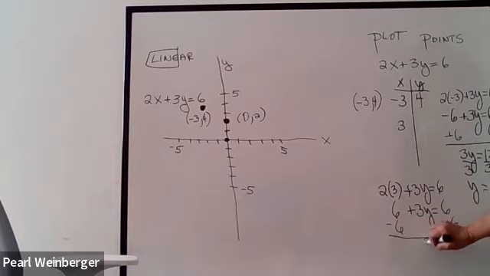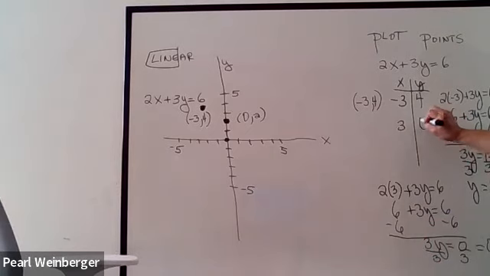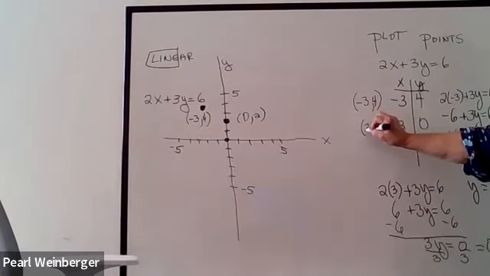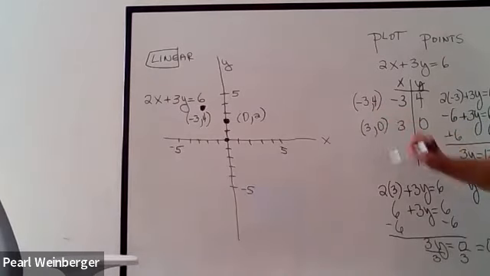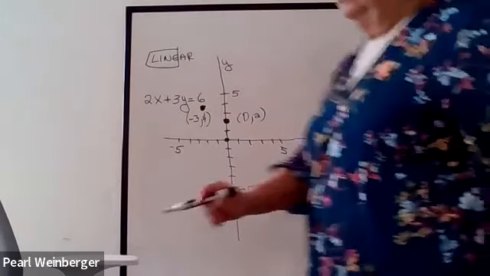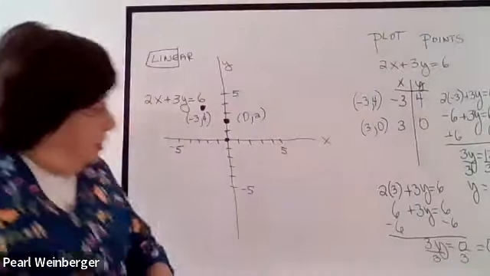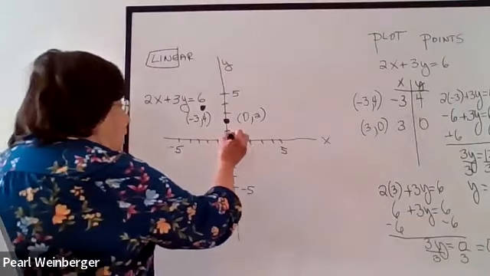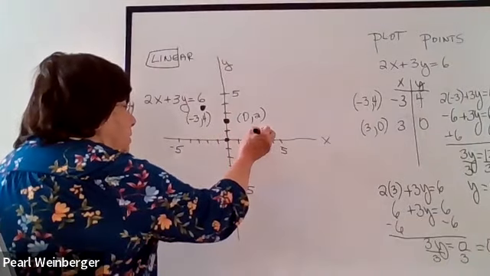This will give me 3y equals 0. And 0 divided by 3 is 0. So the corresponding value for x being 3 is y being 0. Here is another point on our line. 1, 2, 3.